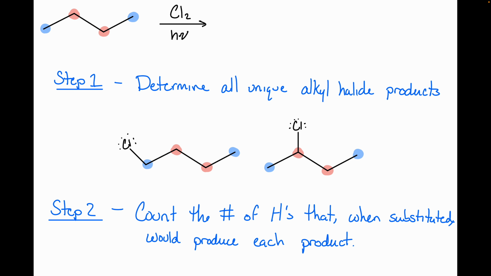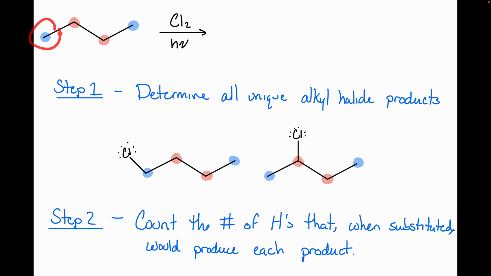In this reaction, I'm removing a hydrogen from this blue group here and replacing it with a chlorine to get my 1-chlorobutane product. I need to figure out how many hydrogens I have in each one of those groups that, when substituted, would produce that given product.